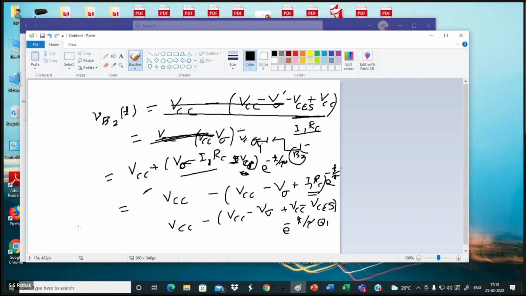This is nothing but VB2T is nothing but, here is my VCC, minus, I'm taking here, this will become 2 VCC, this plus this VCC, 2 VCC, minus V sigma, minus VCES, into E to the power minus T by tau.